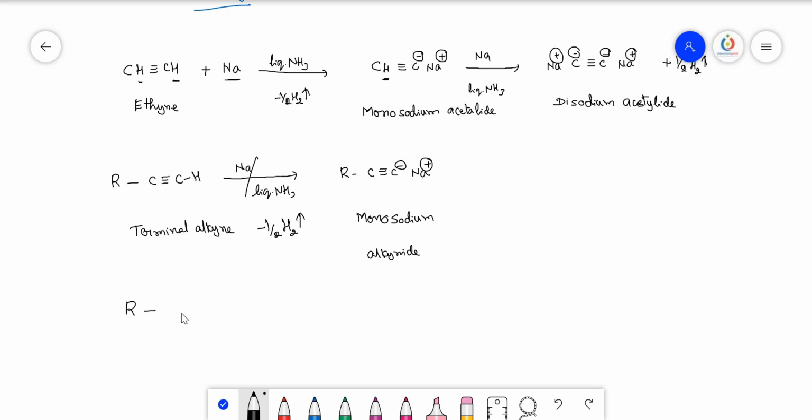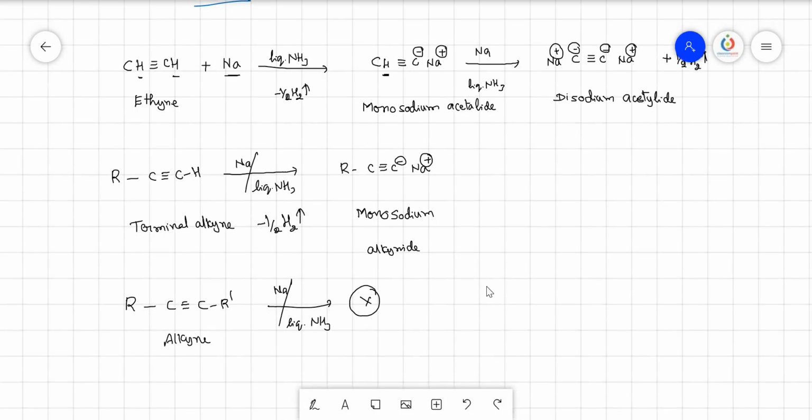Now let us take another alkyne. This is simply an internal alkyne. Again you take sodium and liquid ammonia. No reaction happens because there is no replaceable hydrogen. Only alkyl groups are there, which cannot be removed. Then what is the use of this reaction?